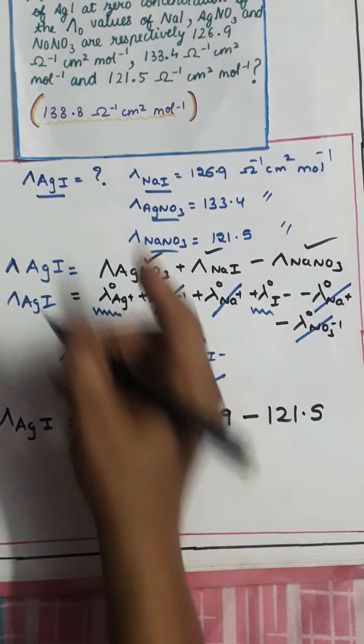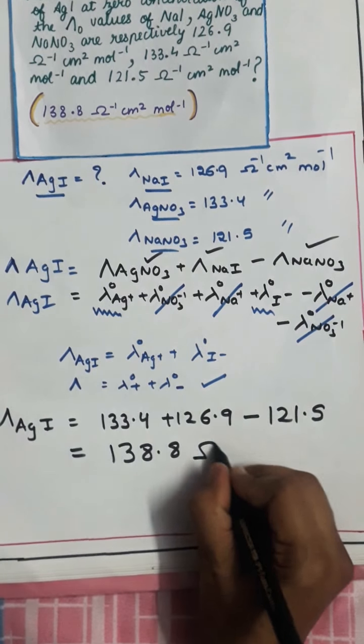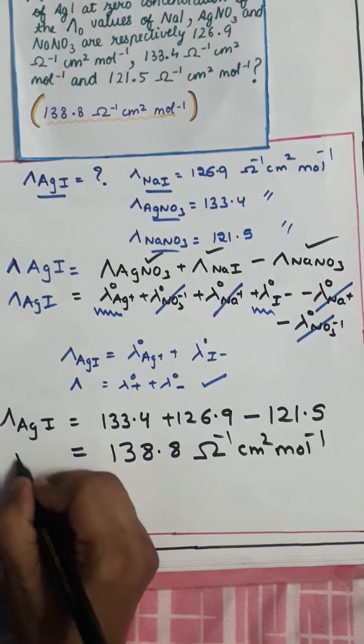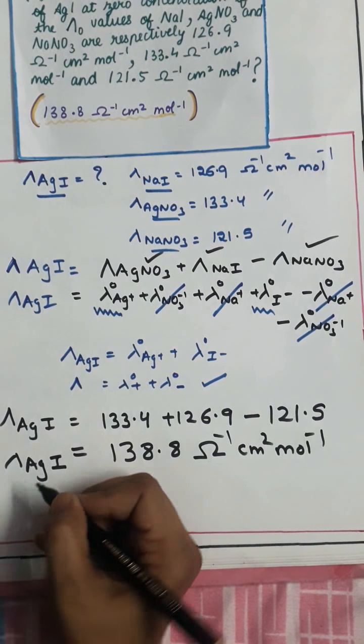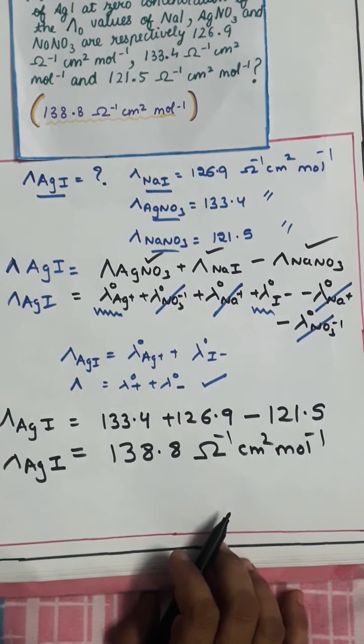When you solve this, you will get the answer as 138.8 ohm inverse centimeter square per mole. So here is the numerical based on Kohlrausch law of migration of ions.